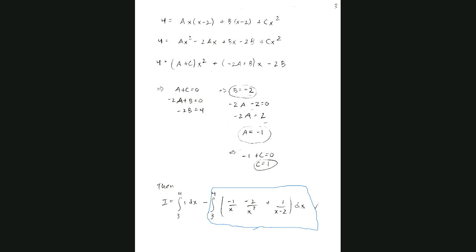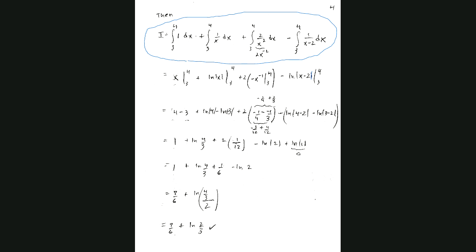The integral of the sum of 3 functions is the sum of the 3 integrals. So we end up with this expression here, and we can get antiderivatives for all 4 integrals. And then it's just a matter of computation.